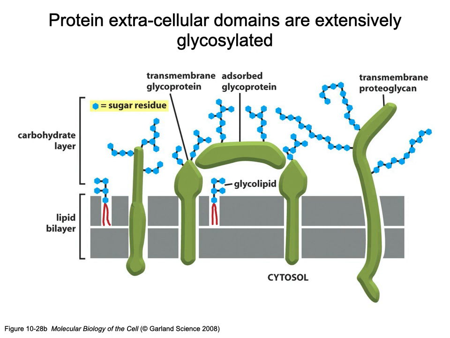We can also have proteins that on their extracellular domains get glycosylated, so they're going to have sugar residues. So what this ends up creating is a carbohydrate layer or a glycocalyx. Okay, so glycocalyx is a term that you should know.